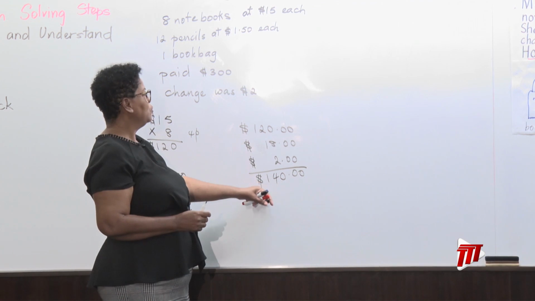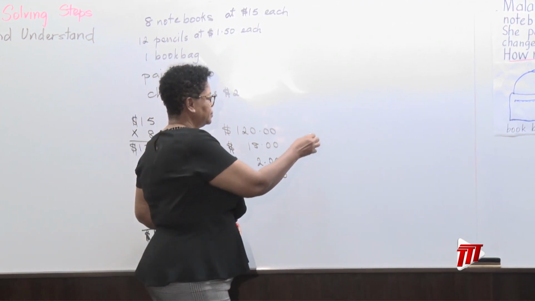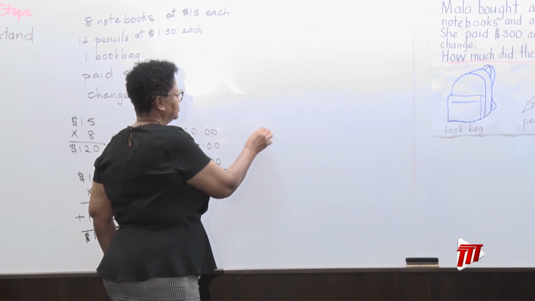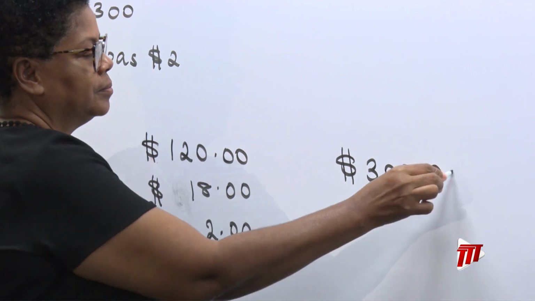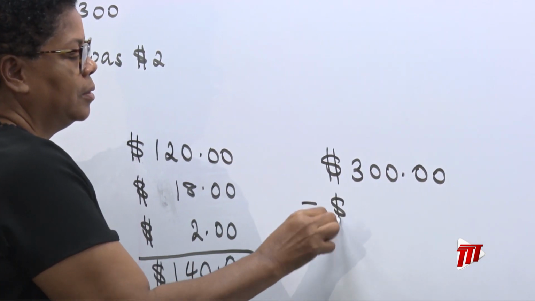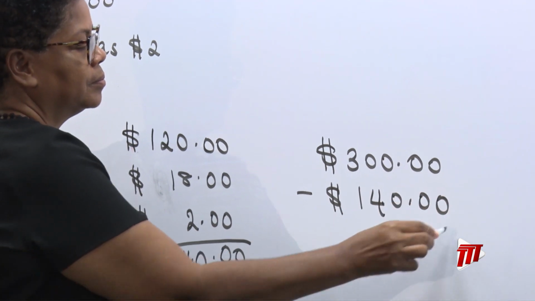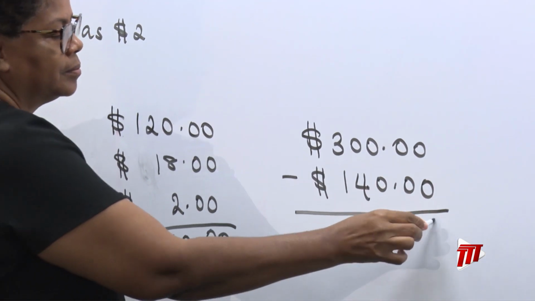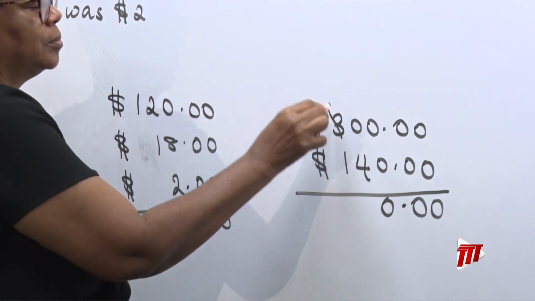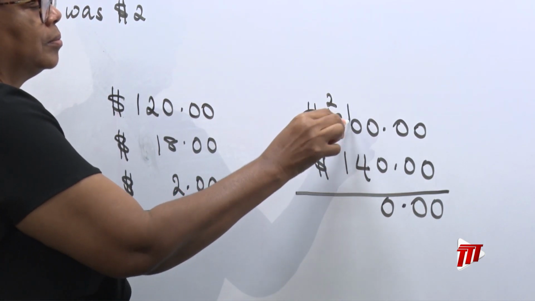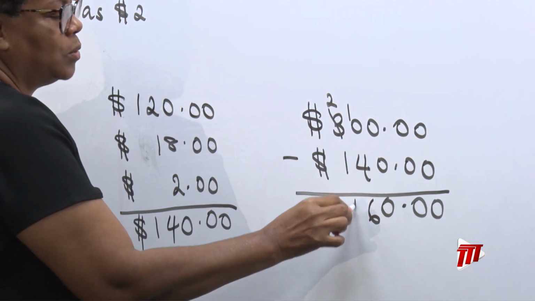We are now going to remove the $140 from the $300. 300 take away 140. 0 0 0. 10 take away 4 is 6, 2 take away 1 is 1.